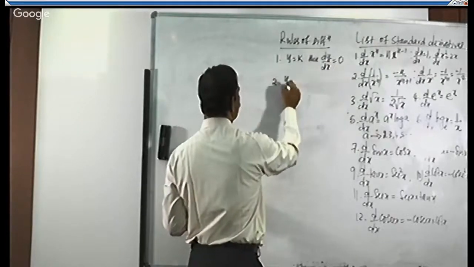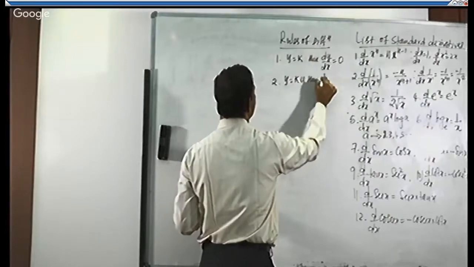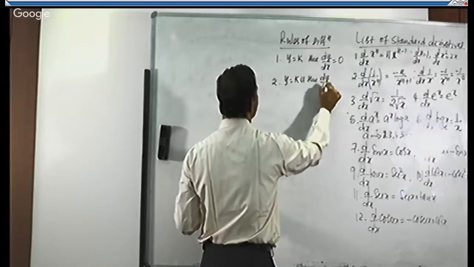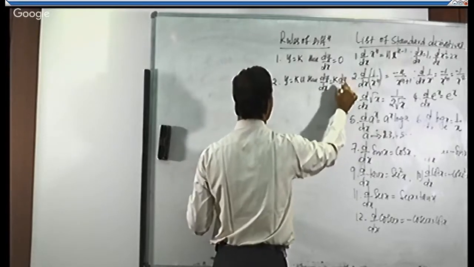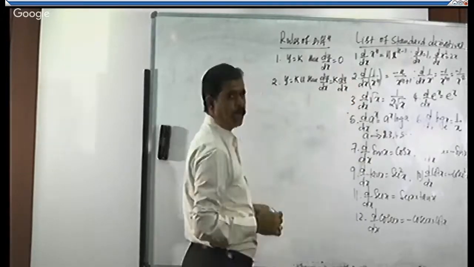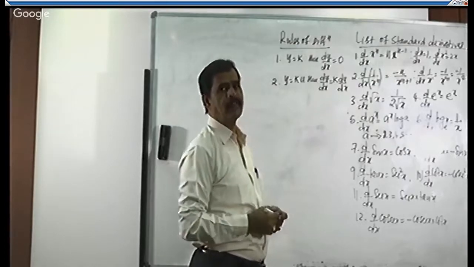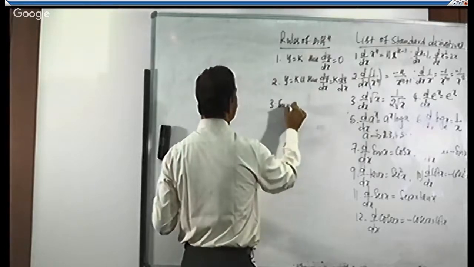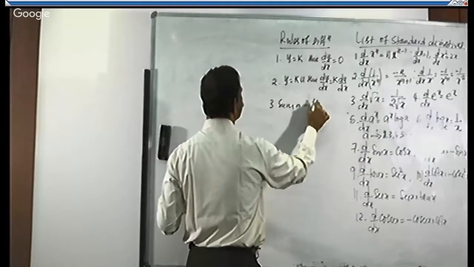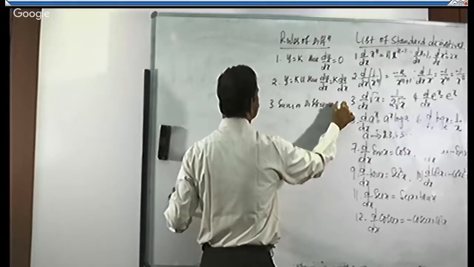Second one, if y is equal to k into u, then dy by dx is equal to k into du by dx, provided u must be a function of x. Third one, sum or difference rule.